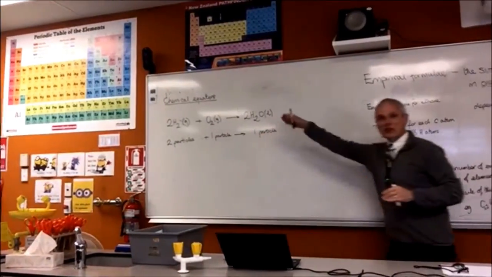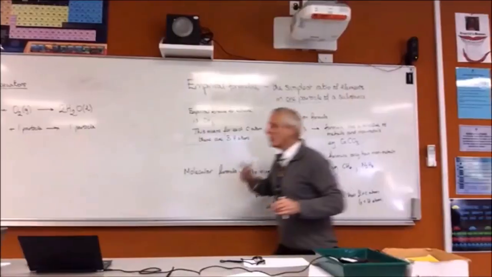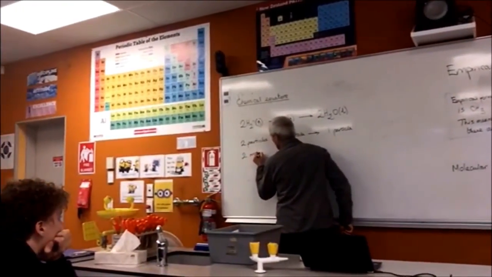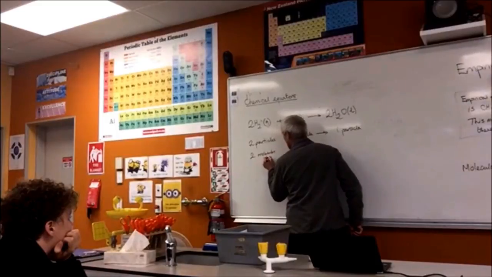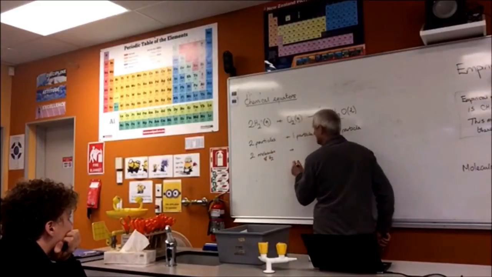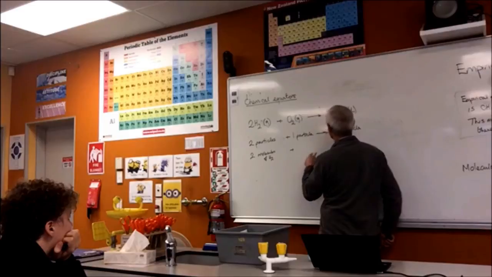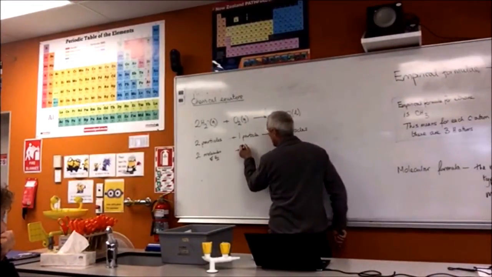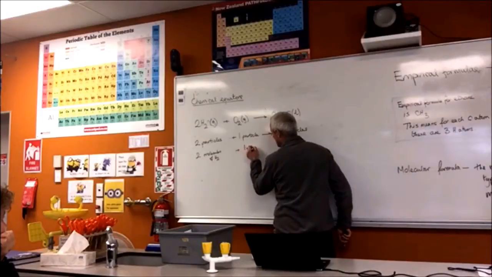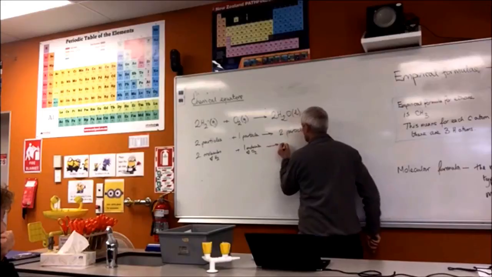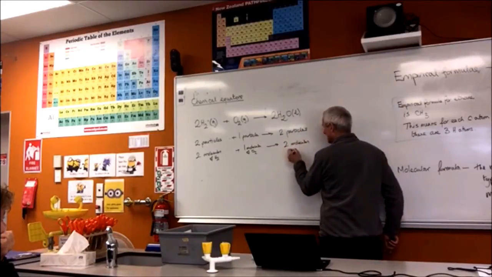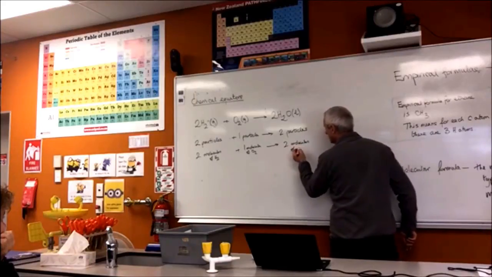So that's our first step. Now we've got our information about the type of formula we're dealing with. I've got two molecules of H2, say plus one molecule of O2 gives two molecules of water.